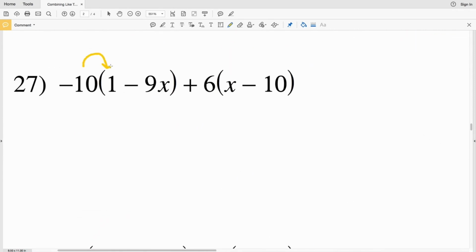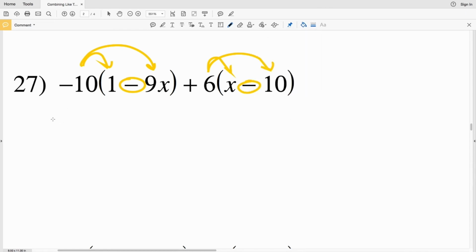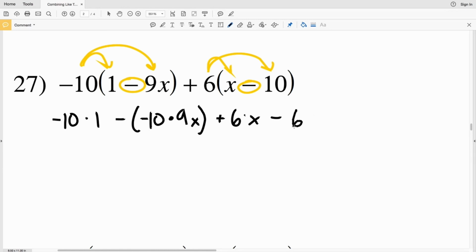Number 27, distribute the negative 10 and then distribute the 6. There's subtraction between each of these. That's going to leave us with negative 10 times 1 minus a negative 10 times 9x plus 6 times x minus 6 times 10.